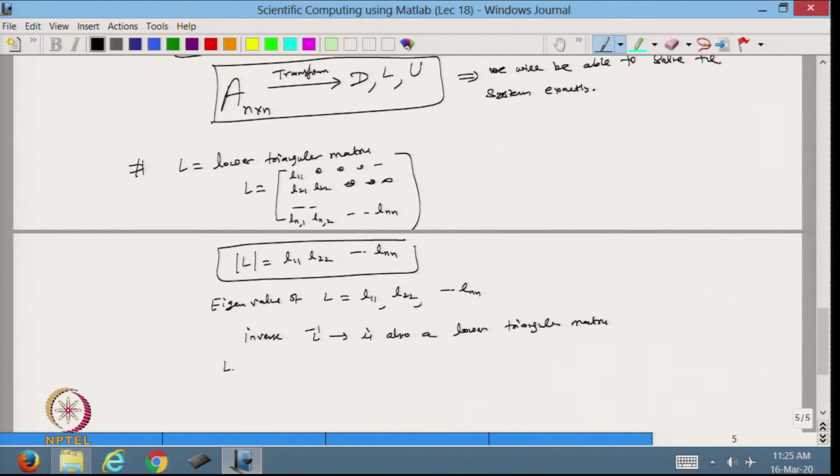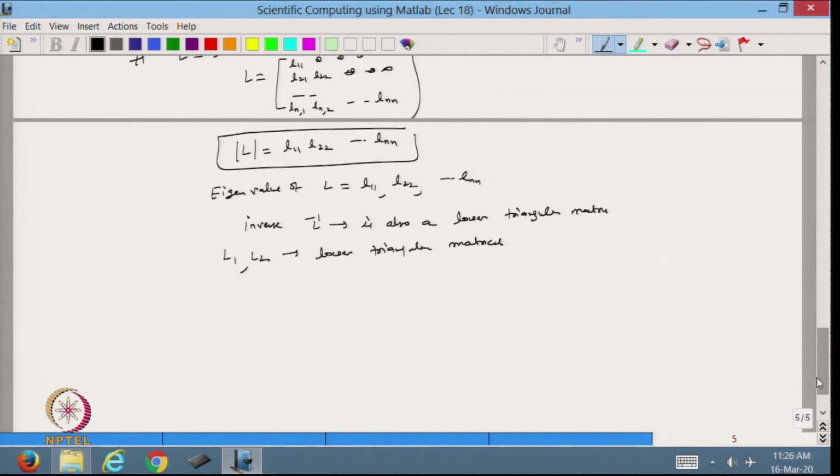Now, suppose I have two lower triangular matrices L1 and L2, both lower triangular, then the product L1 L2 is also a lower triangular matrix.